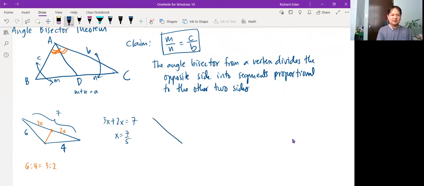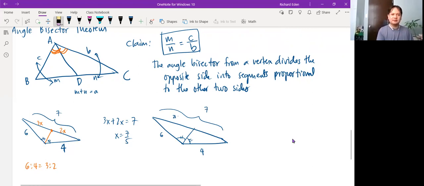So if we have these lengths 6, 4, and this is the angle bisector, and this has length 7, then this longer segment is going to be 21 over 5, and this is going to be 14 over 5.